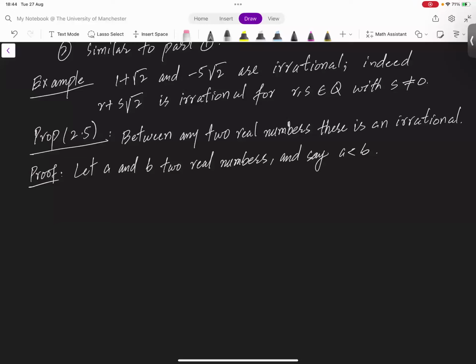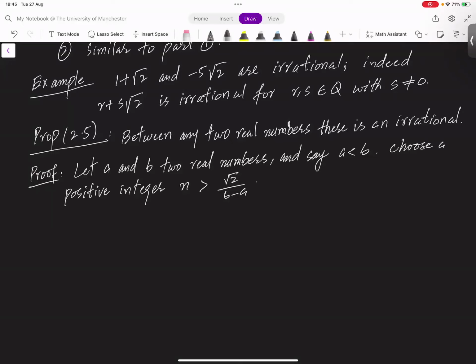Choose a positive integer n that is larger than the real number under root 2 over b minus a.